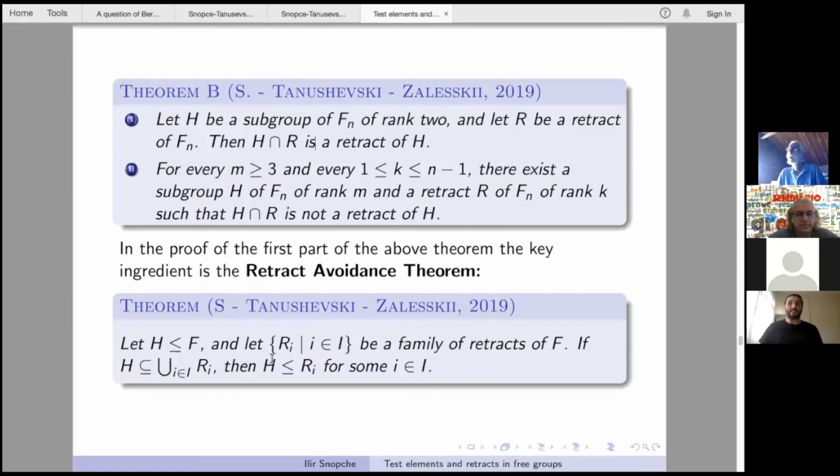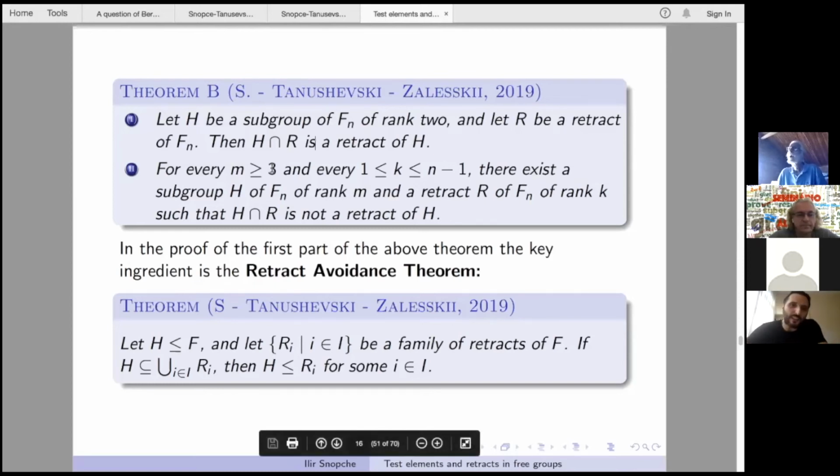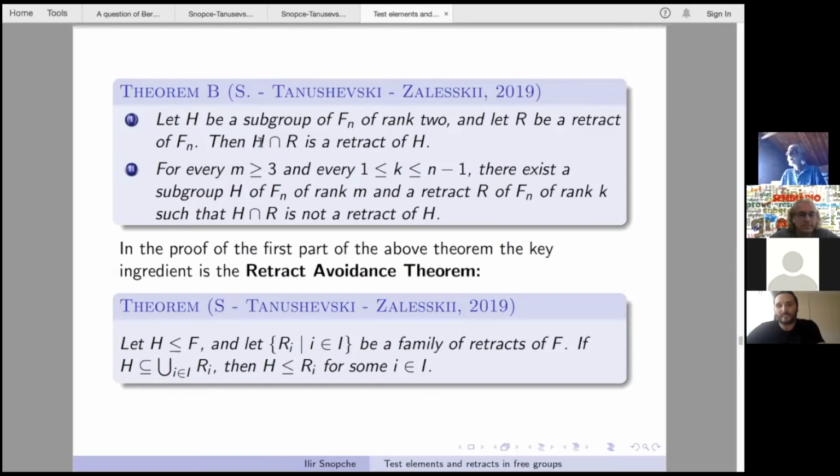Okay? So the second case is when H intersection R contains a test element. And in this case, we really used almost every single result on test elements that we have obtained in a previous work with Tanushevski. But in order to generalize for higher rank of H, there is one obstruction which doesn't allow that. I will not talk about it now, but at the end, someone can ask, and I will try to explain.